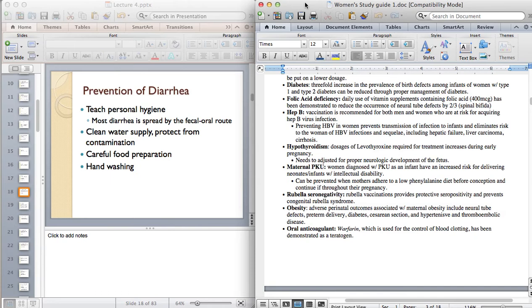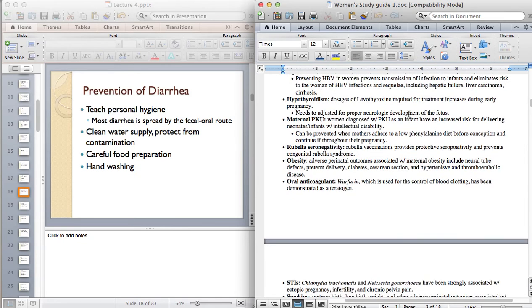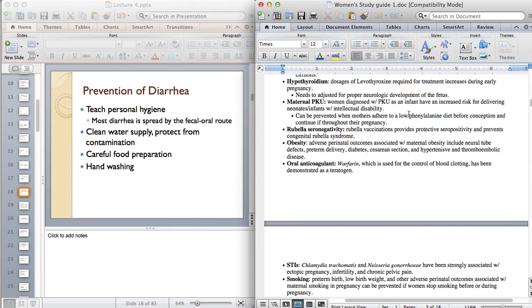Simply teaching them or emphasizing good hand washing minimizes the spread of infection. Clean water and careful preparation of food without contaminating that food, or avoiding eating raw or contaminated food, can also be part of the prevention.